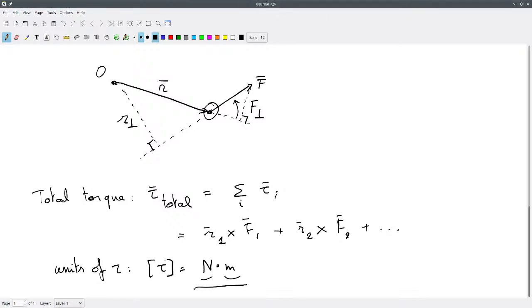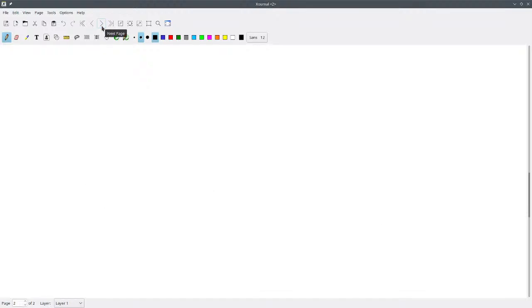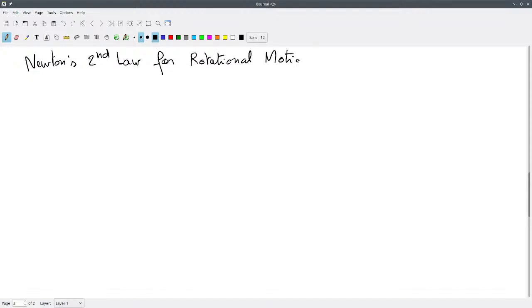Okay, so now let's see how fast something will start to rotate when a certain torque is applied. So let's go to essentially Newton's second law, but for rotational motion. Just as a reminder, F is equal to m times a. Or actually, the way we wrote that is a is caused by a force over its mass.